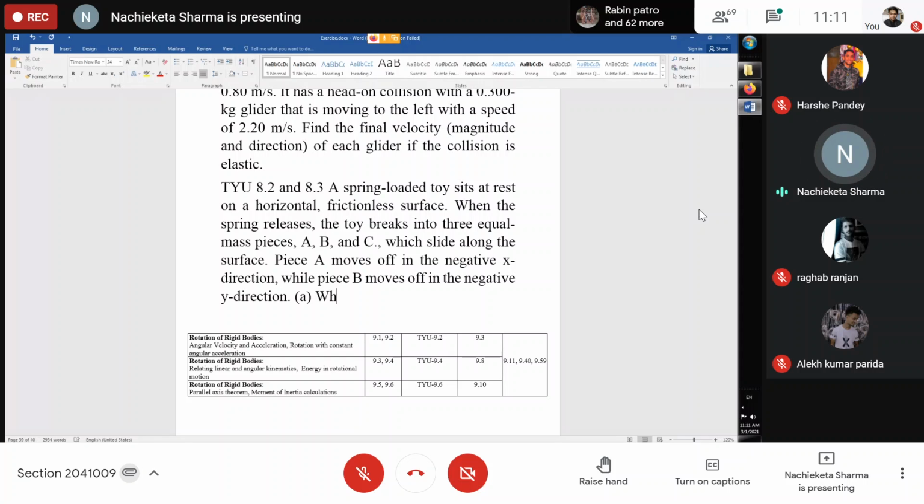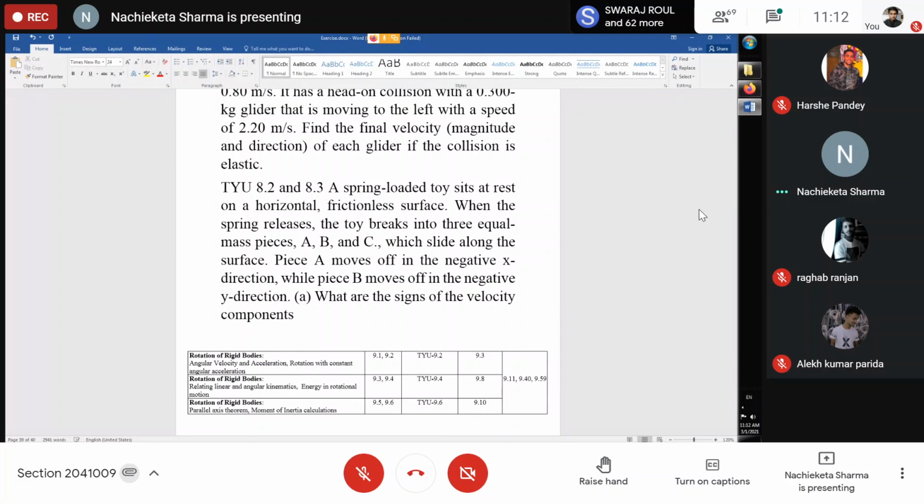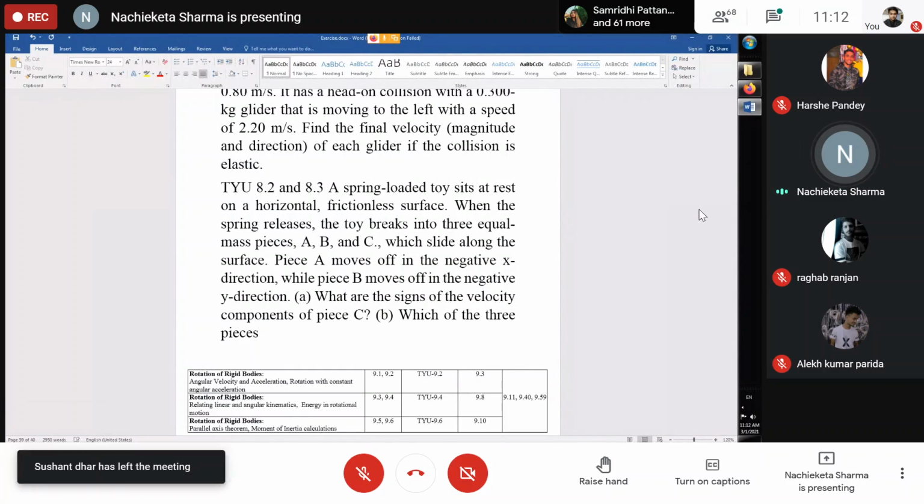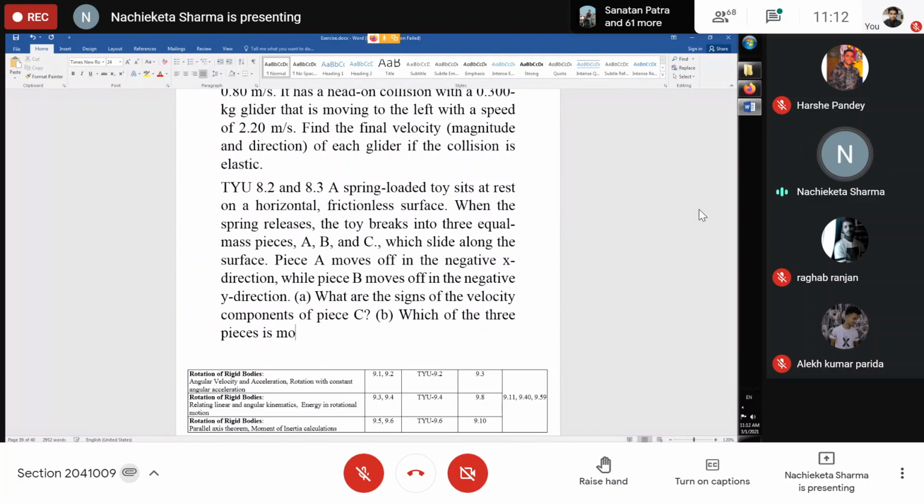What are the signs of the velocity components of piece C, and which of the three pieces is moving the fastest?